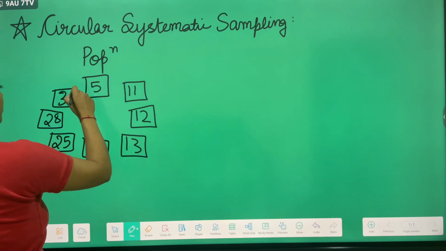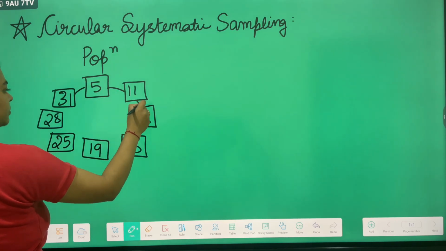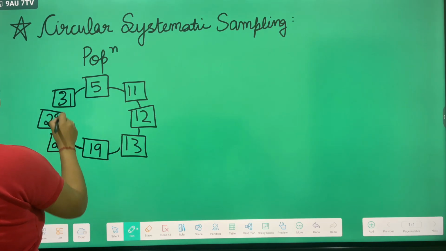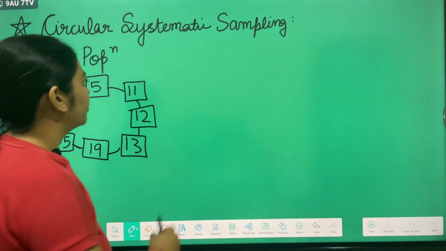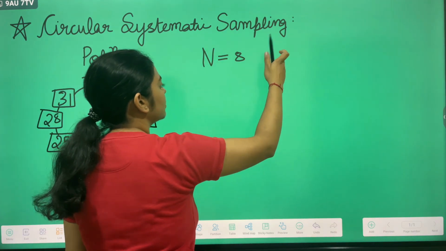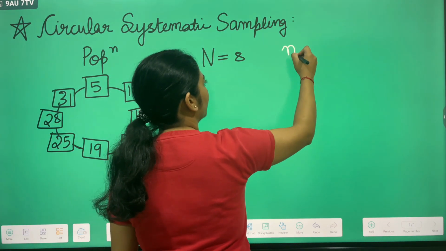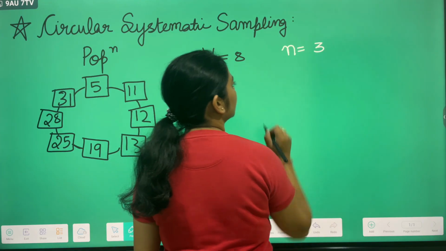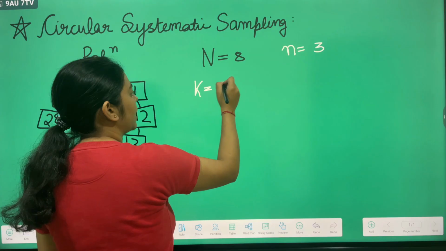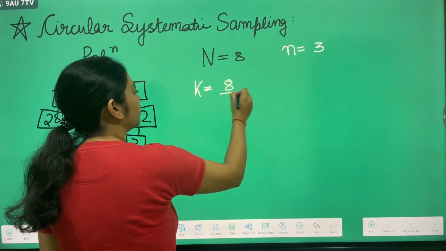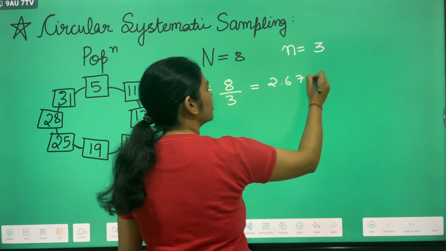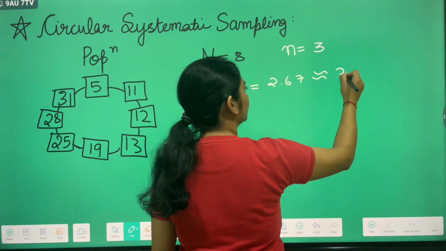This is a circular systematic sampling population where the population size is 8 and the sample size which we have to draw, let us consider, is 3. So our sampling interval is 8 upon 3, which equals 2.67. So we can take it approximately equal to 3.